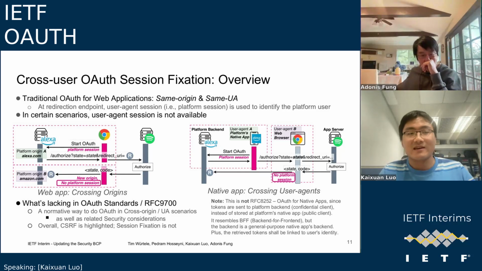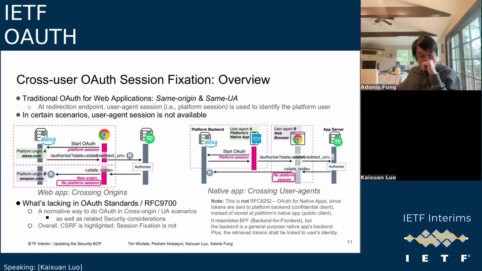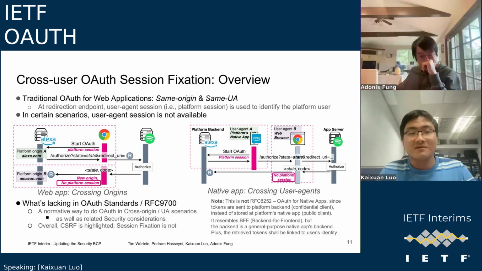So in this case, at the redirection endpoint, the user session can be consumed to identify which platform user the access token should be bound to. But in certain scenarios, this user agent session may not always be available. For example, if you are building a cross-origin web application, then say your user session appears in Alexa.com, but your redirection endpoint is deployed in Amazon.com.